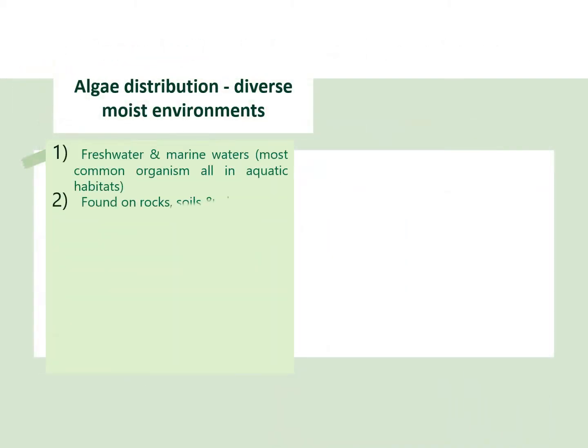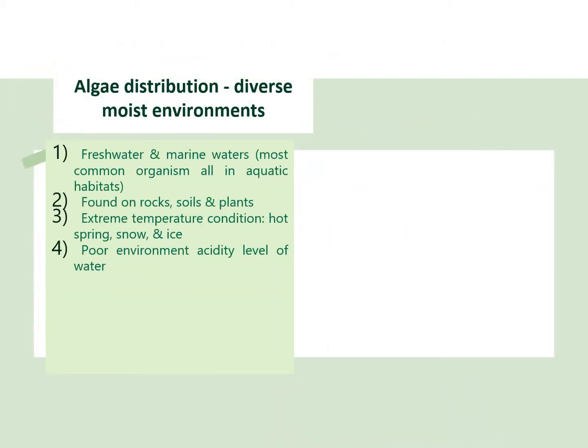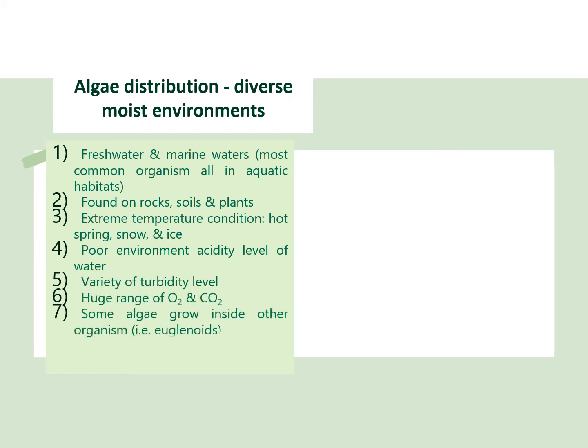Algae are diverse in many ways, which allows them to grow and reproduce in various moist environments. Most of the algae are found in freshwater. The others are found in marine water. The most common organisms are all in these aquatic habitats. A few others can be found on rocks, soils, and plants, but they have to be in moist conditions.